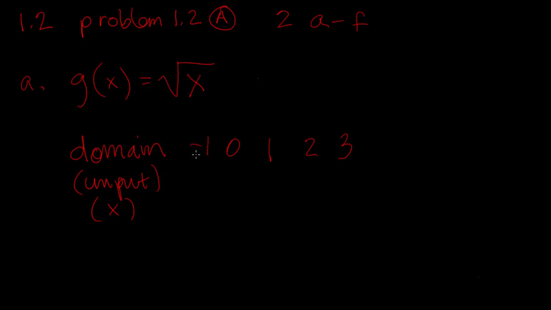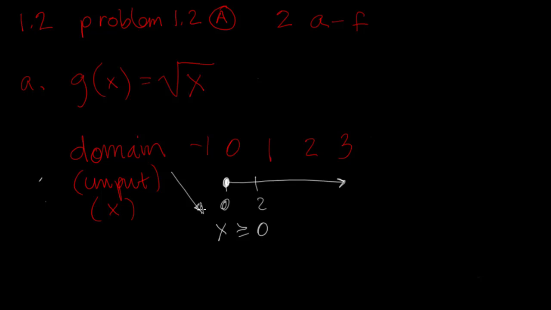Yeah, those don't work. You can't take the square root of a negative number at this point. So your domain would look something like the number line, where x is greater than or equal to 0. That is your domain. Your domain would be numbers where x is greater than or equal to 0.